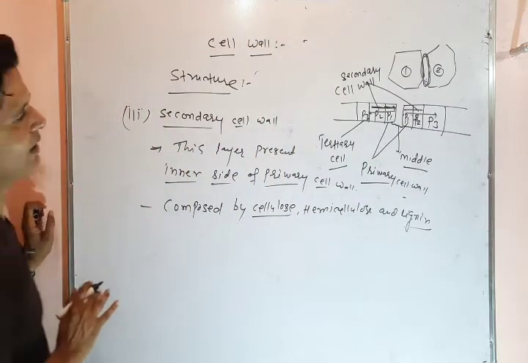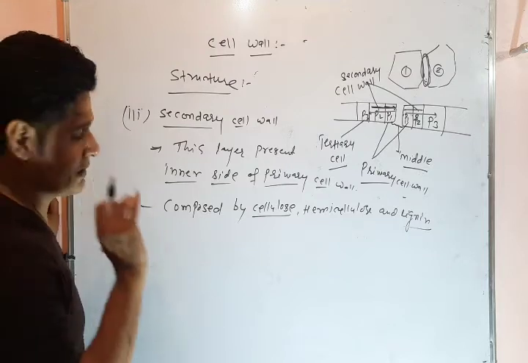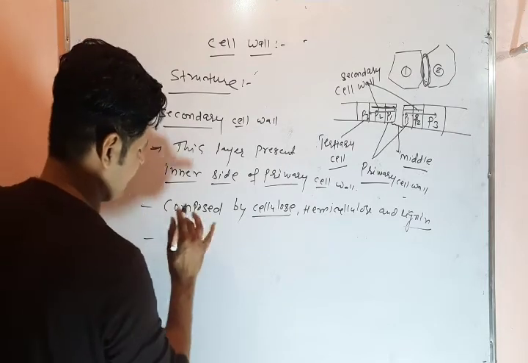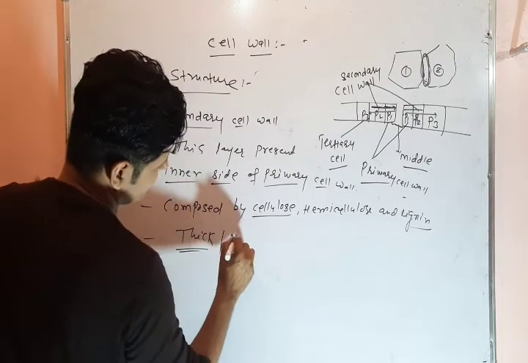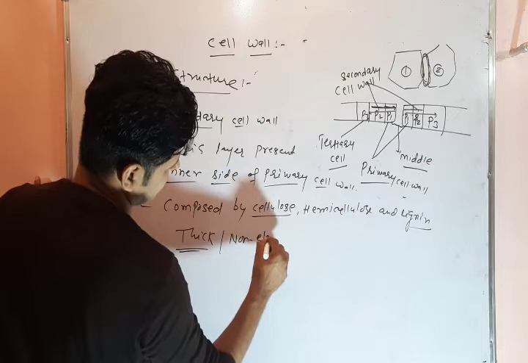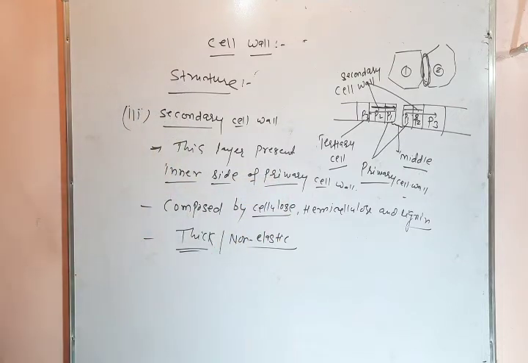But the secondary cell wall is thick and non-elastic compared to the primary cell wall. So this layer is thick and non-elastic in nature, but the primary cell wall is thin and elastic in nature. So I think you got it.